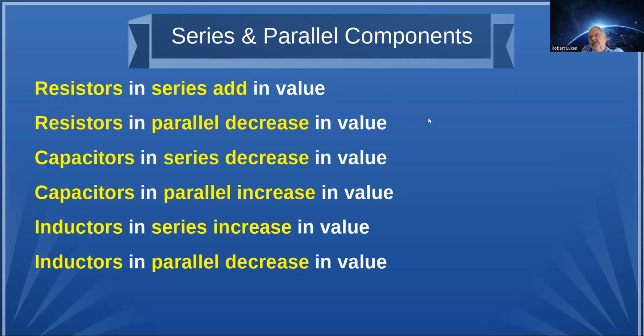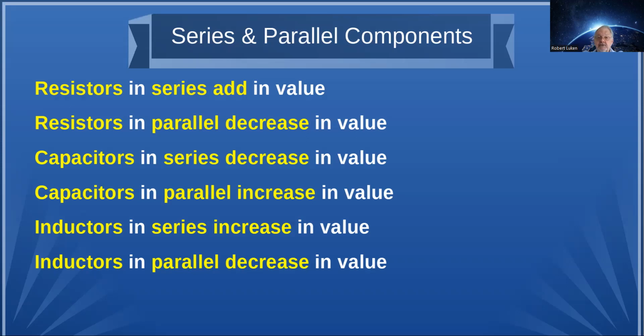Okay, so here's where the math starts to come in. If we have resistors in series, they add in value. In other words, if I have a series 100 ohm resistor and a second 100 ohm resistor, the equivalent resistance of the two is 200 ohms.